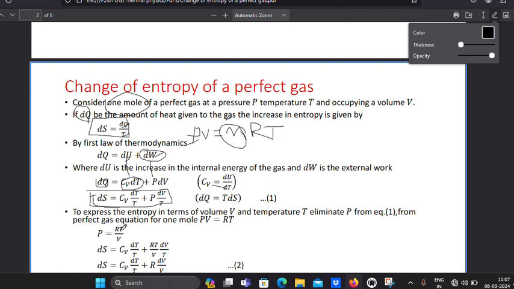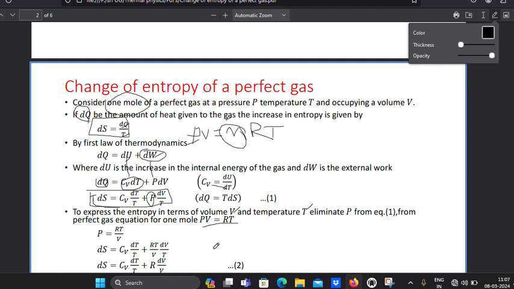Now I want to write entropy in terms of volume and temperature. For this I should remove the P. So I use the ideal gas or perfect gas equation.